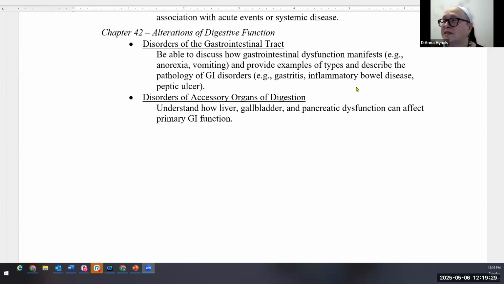And be able to provide examples of the types and describe the pathology of things like gastritis, inflammatory bowel disease, peptic ulcer, etc. And then the very last thing, the accessory organs of digestion, and so how dysfunction in the liver, gallbladder, and pancreas can affect primary GI function. And so that's going to be movement of food through the GI tract, the production of feces, and the excretion of feces, so the defecation.